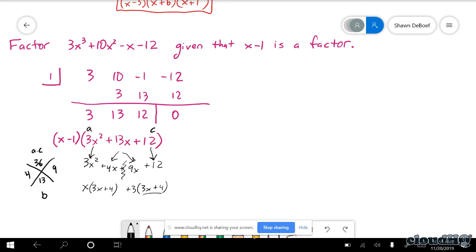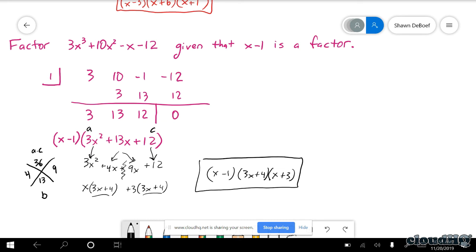Did it work? Are the two sets of parentheses the same? Yes. So 3x plus 4 is a factor. And what was left? x plus 3, that's a factor. And don't forget the x minus 1 that we pulled out right at the beginning. It's still there. Now it's factored completely.